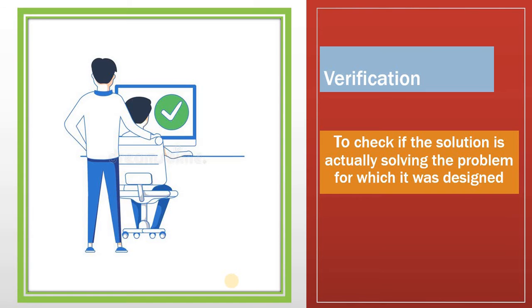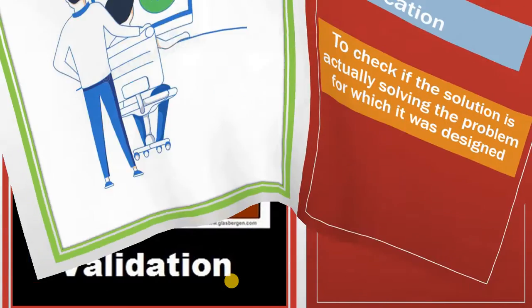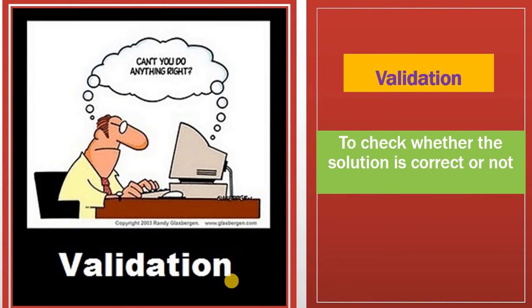Similarly, in the validation case, you have to check whether your solution is correct or not. For example, if you have asked the computer to sum up two numbers like 2 plus 2 is equal to 4, then the answer comes up as 4, or it is giving 3 or something else.